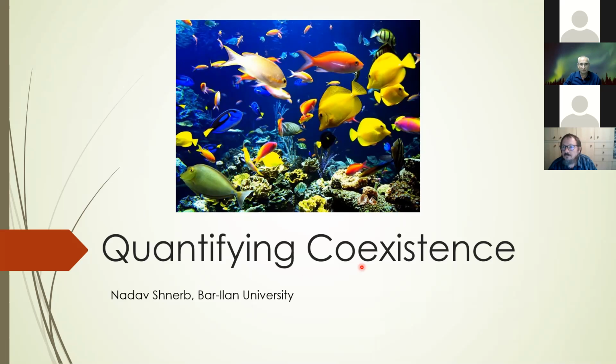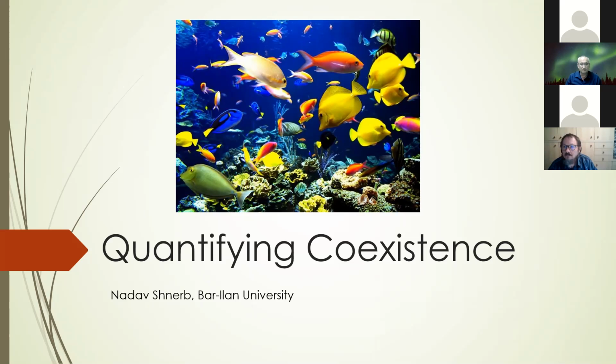Today I would like to discuss a quantitative theory of coexistence. To do that, I will first describe what the important quantities are that we want to quantify in order to have such a theory. Then I will try to explain why the existing coexistence theory may fail in estimating these quantities.